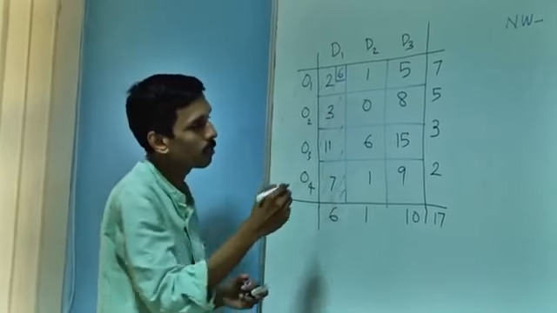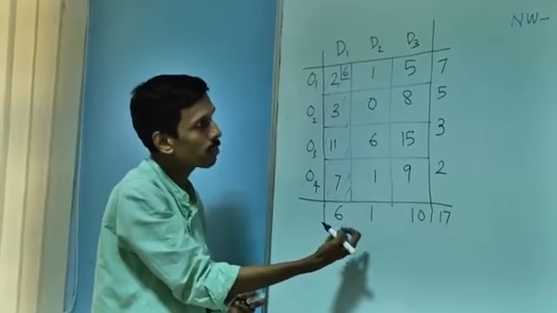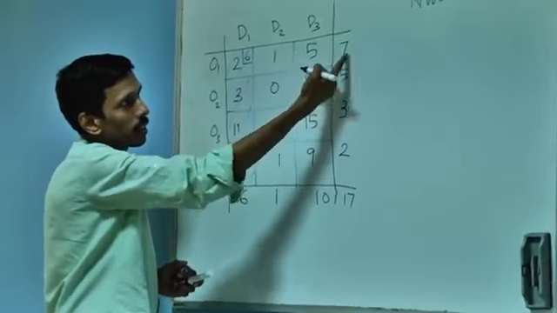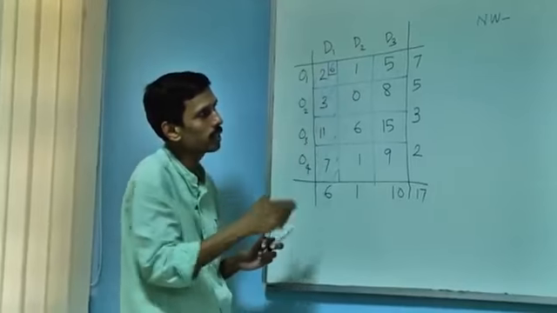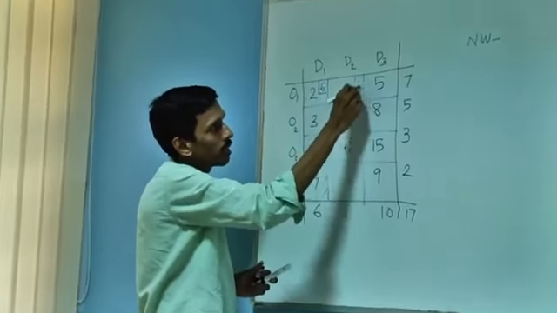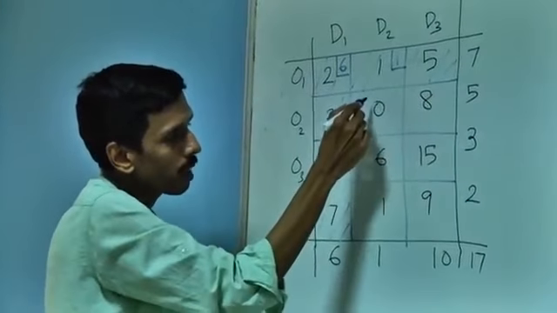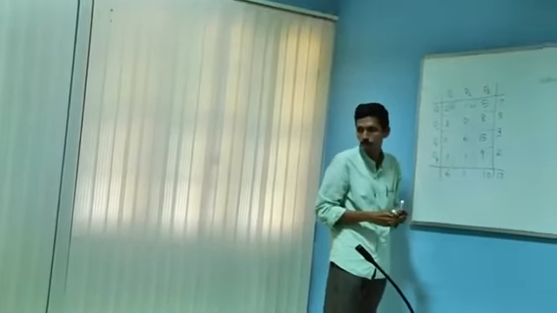Only 1. Why is it 1? Because in the destination we have a requirement of only 1, and at the origin also only 1 unit is remaining, because we already allotted 6. That is allotted here. Then the first row is exhausted, as well as the first column. Clear?